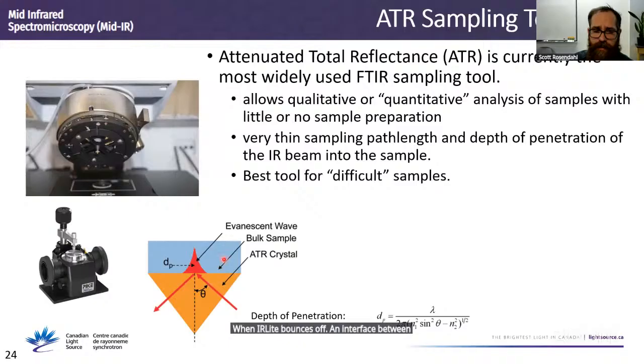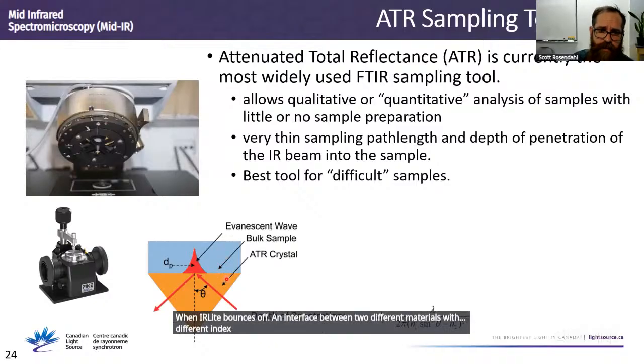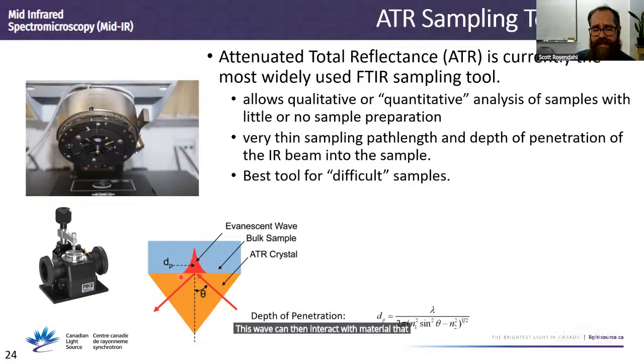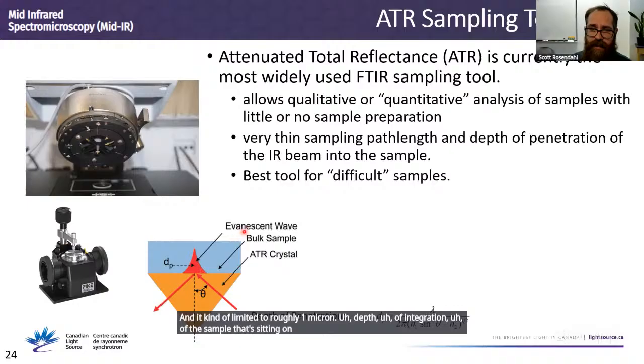Just to remind everyone, when IR light bounces off an interface between two different materials with different indexes of refraction, it produces an evanescent wave that basically penetrates beyond the surface. This wave can then interact with material that's sitting on top of it, and it's limited to roughly 1 micron depth of integration of the sample that's sitting on top of the crystal.